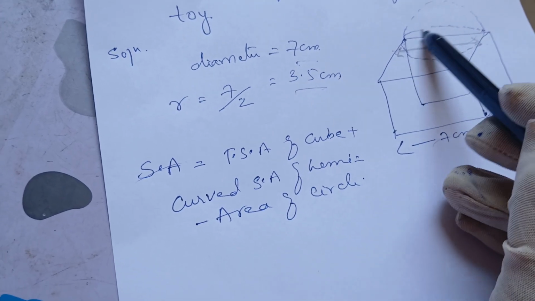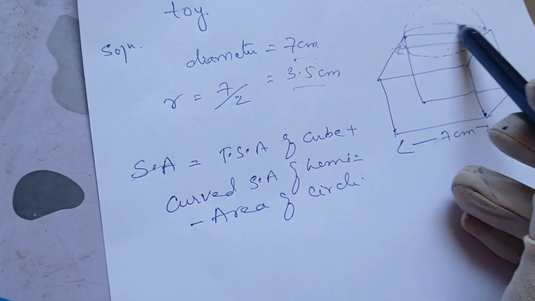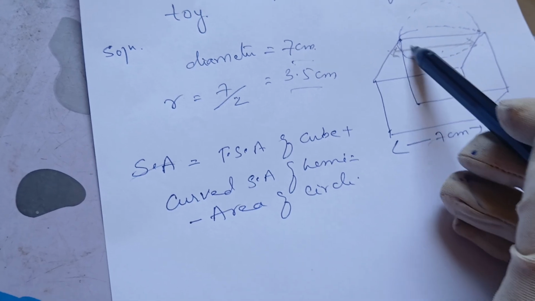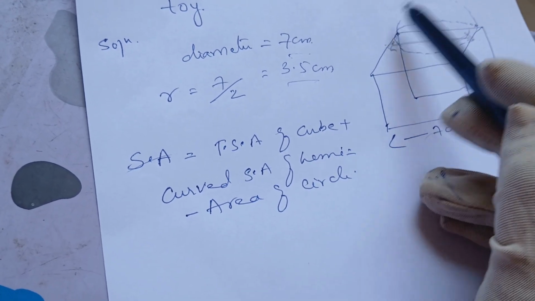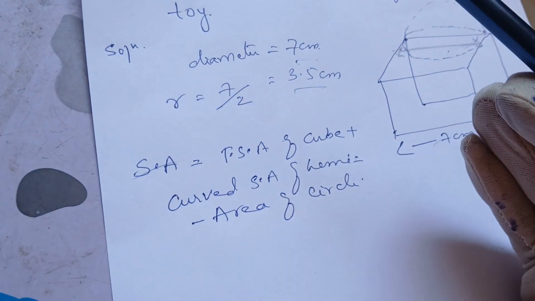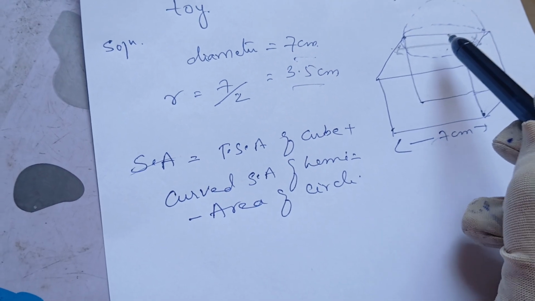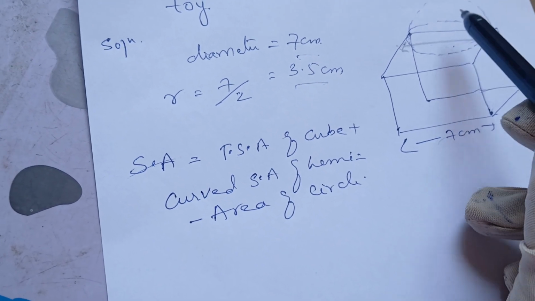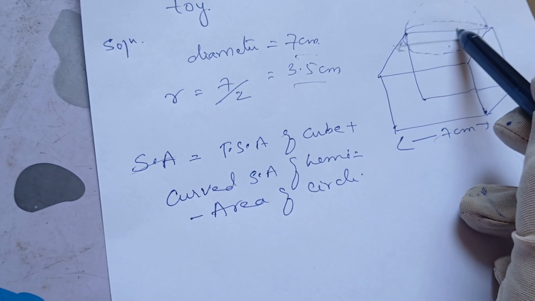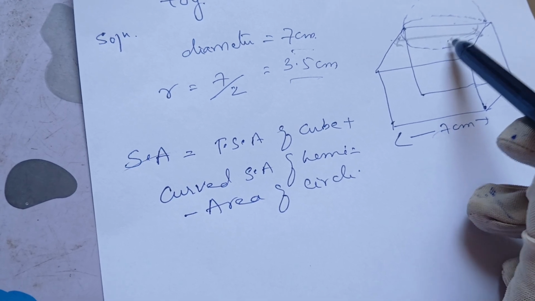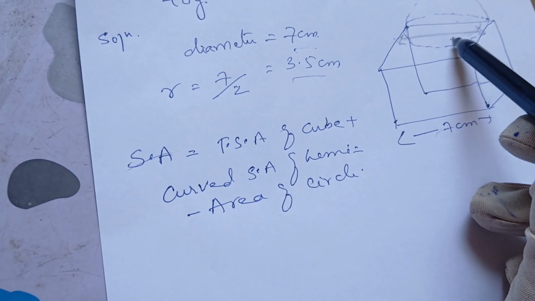How much part can we remove? How much area of the cube is covered by the hemisphere? That much part we can remove, since it is already added in the hemisphere's curved surface, and it should be removed from the cube.